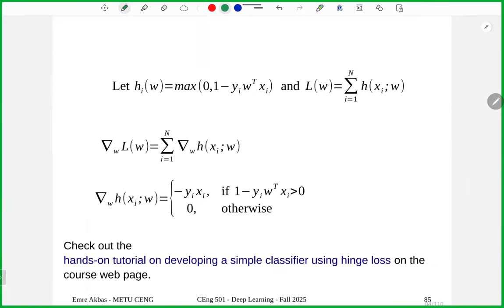Here, Colab Notebook. We are looking at a very simple classifier like the hinge loss classifier, but neural networks are actually not very different. So this simple Colab notebook shows almost all the steps in neural network development.